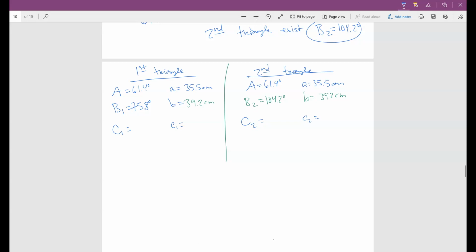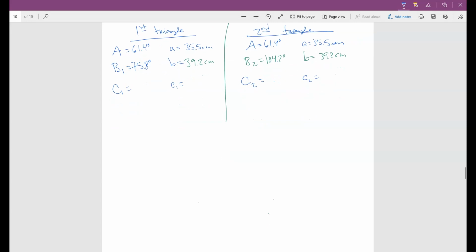So we're basically almost done, but we just have to do these two other ones. So let's first start off with the first triangle. To find big C1, it's going to be relatively easy. We're just going to take 180, which is the total measurement of all the angles in the triangle, and subtract the sum of 75.8 plus 61.4.